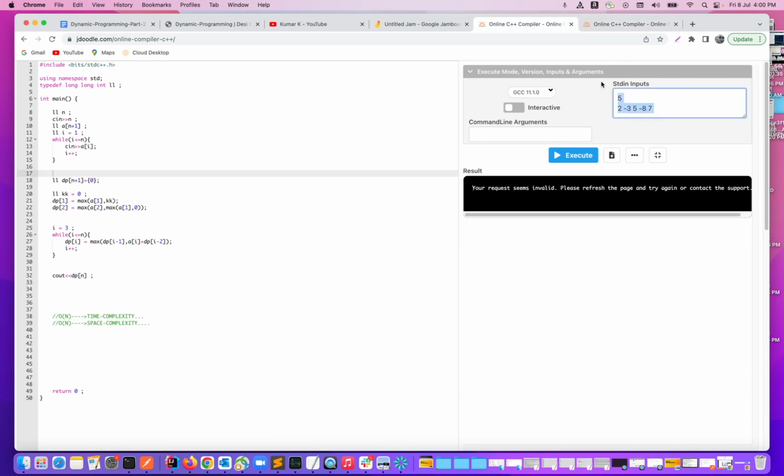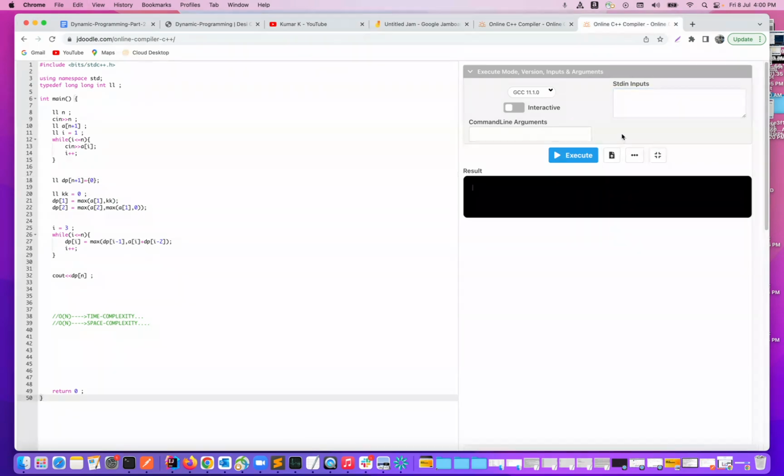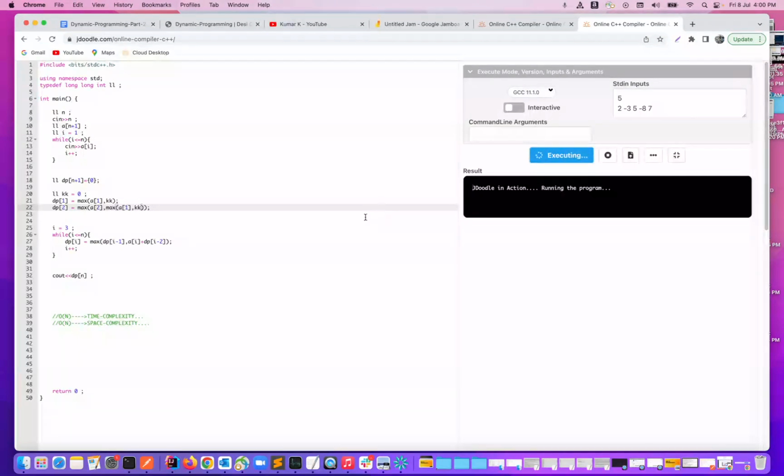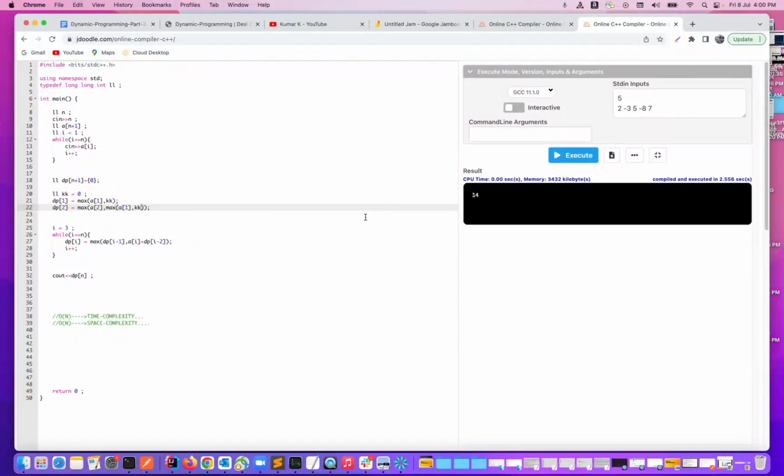I also need to copy paste the input. Okay, instead of 0, I need to write kk here. The value of kk is 0, but they want it as long long int. Yeah, so guys, the final answer is 14.